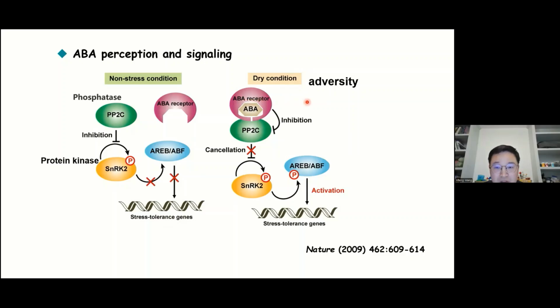plants can produce ABA hormone, and the ABA receptor can combine with ABA, then they recruit PP2C to form a complex and inhibit this phosphatase activity. Then SnRK2 could autophosphorylate and activate the ABF transcription factors by phosphorylation, and finally activate the downstream stress tolerance genes expression.